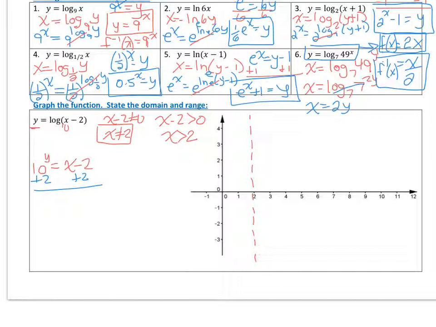So we have x equals 10 to the y plus 2. So let's go ahead and make a table of values. We have x, and we have x equal to 10 to the y plus 2, and we have some y values.